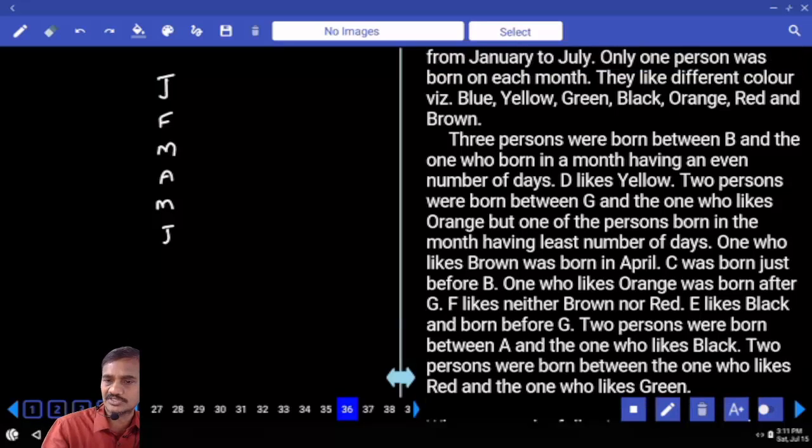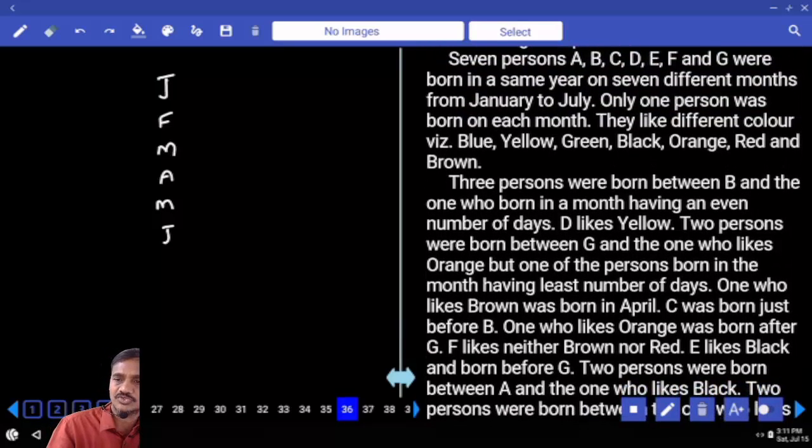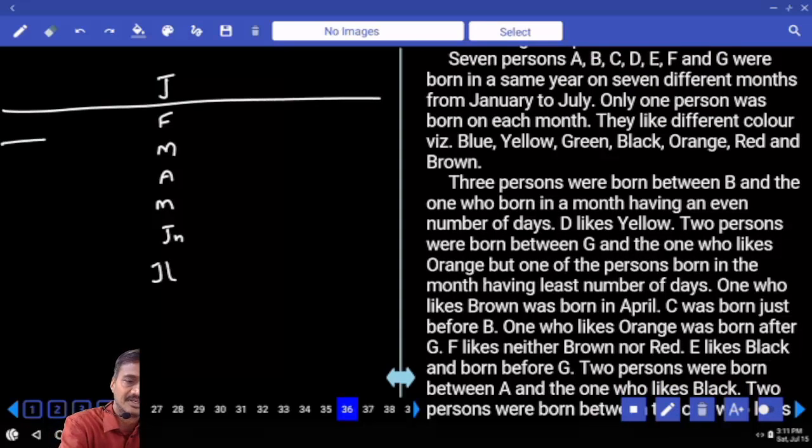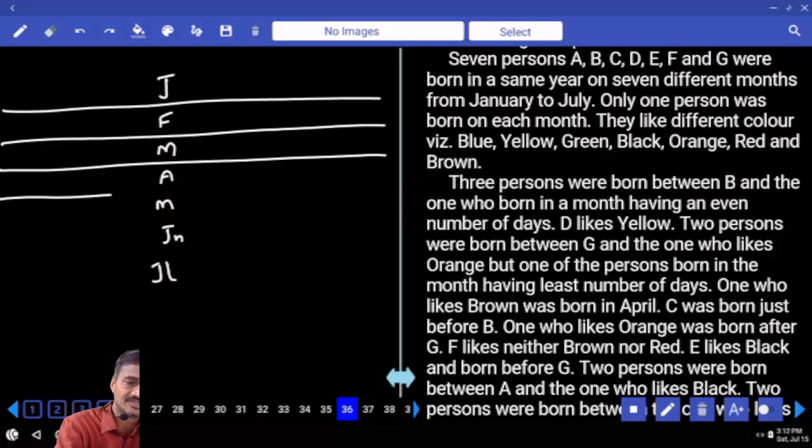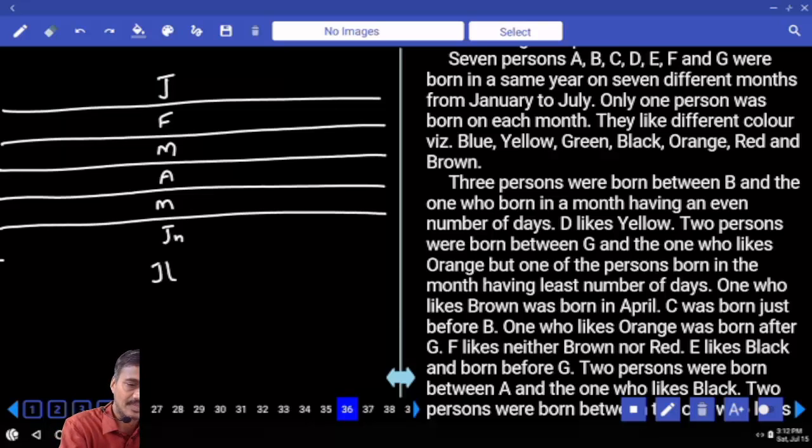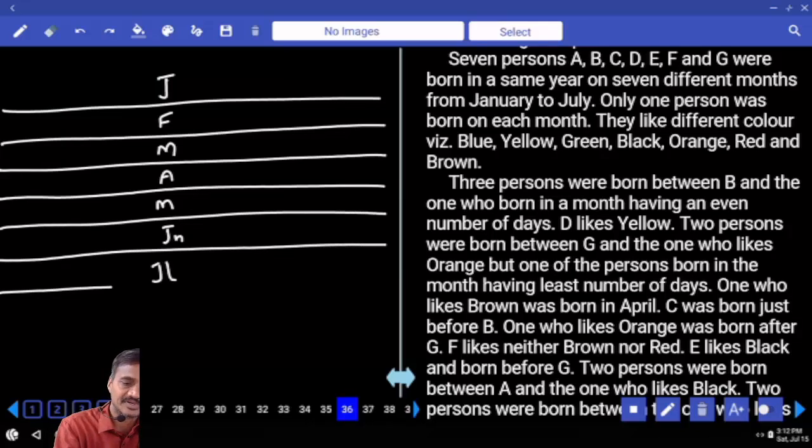The months are given from Jan to July, 7 persons. Now 7 persons born in these 7 different months, and each likes a different color.